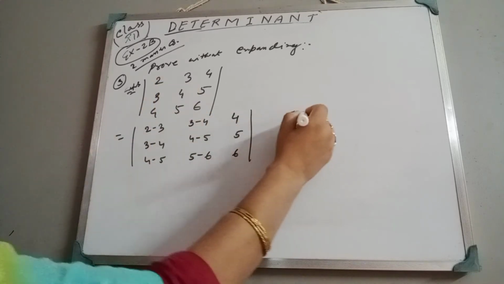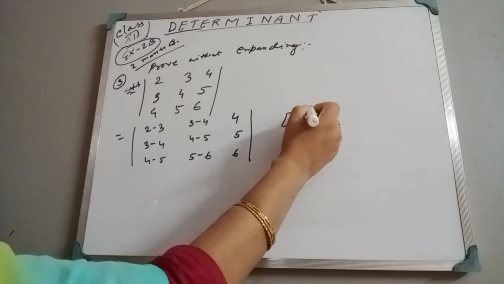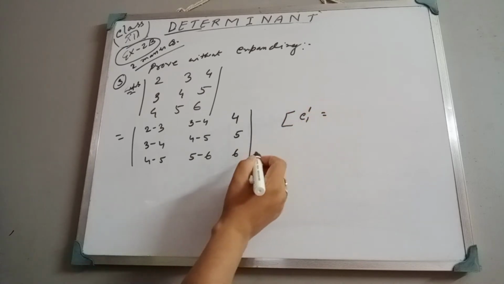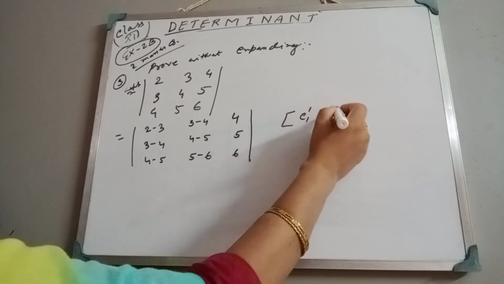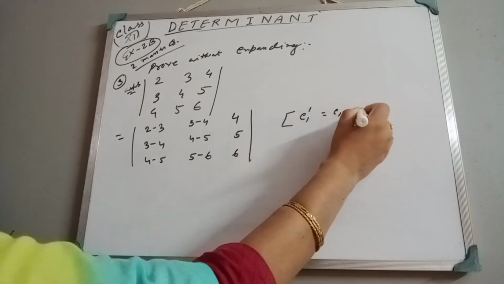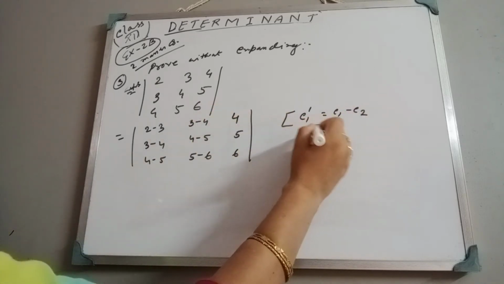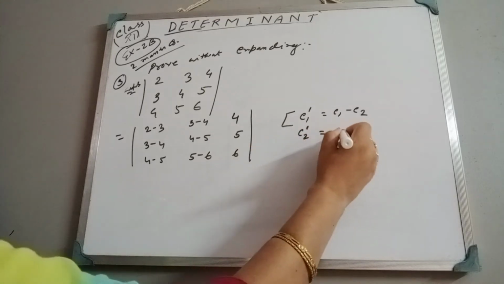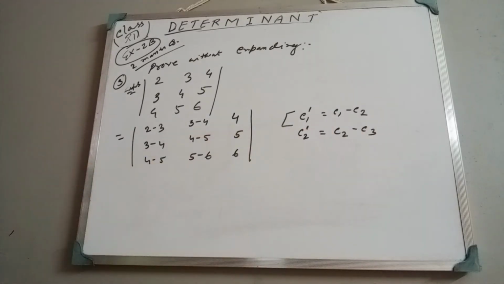The new first column means C1 dash, changed, that is C1 minus C2. And the new second column C2 dash is C2 minus C3.